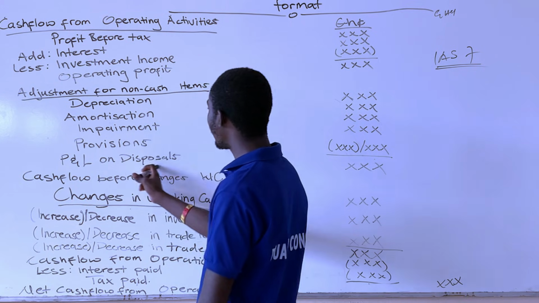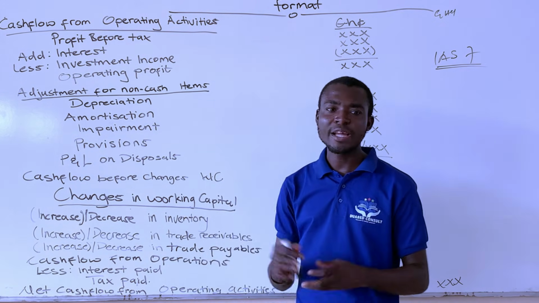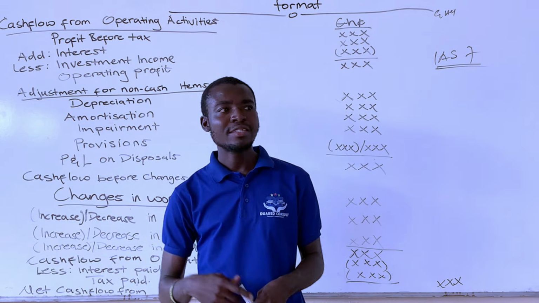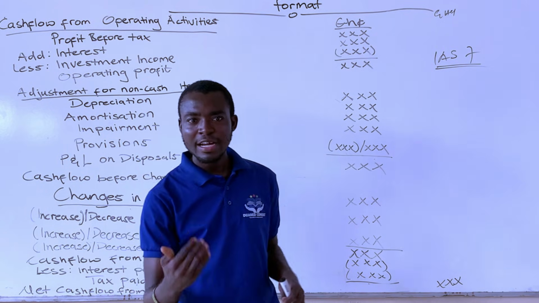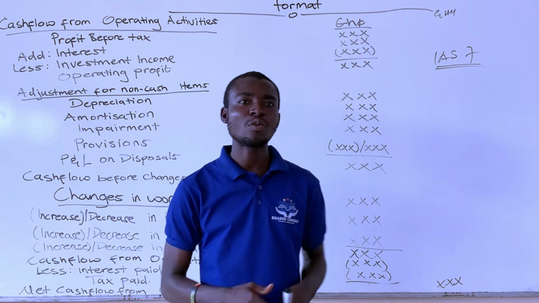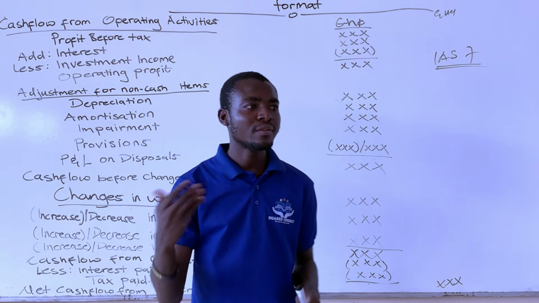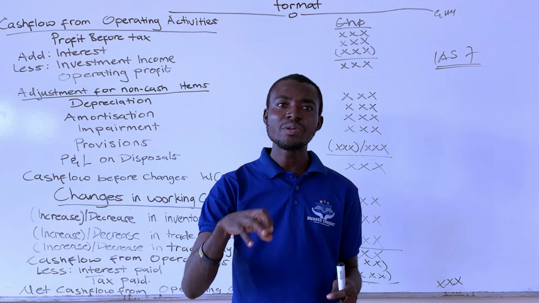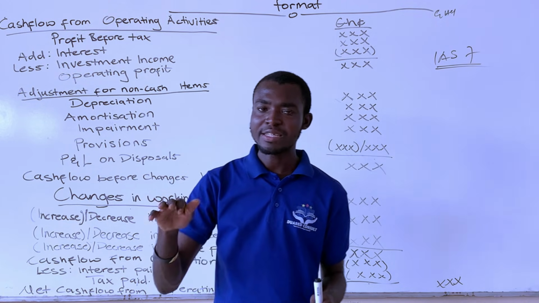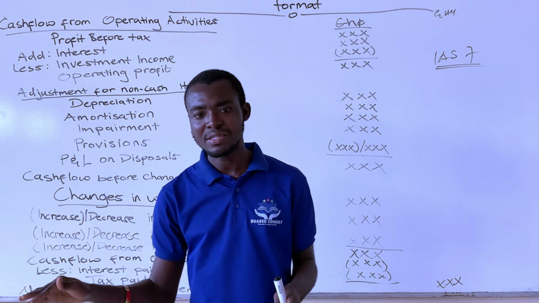And then profit and loss on disposal. The example that I use is Supreme State Limited, the producer of A1 bed. Sometimes the company can decide to sell one of its motor vehicles. When the organization sells its motor vehicle, the proceeds, or the amount that the organization will get, will be captured under investing activities.